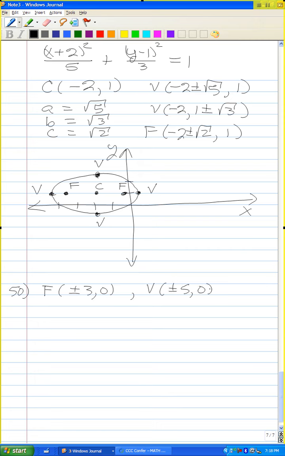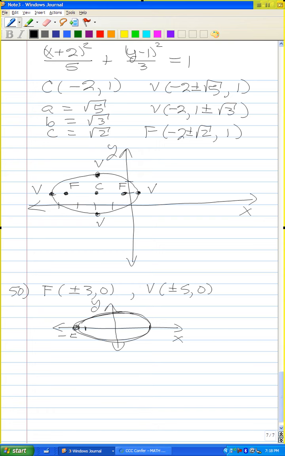Okay, so in this case, I'll just draw a sketch to give me some little idea. So the vertices are at 5, and the foci are also along the x-axis, so this is the major axis. So it looks something like this.